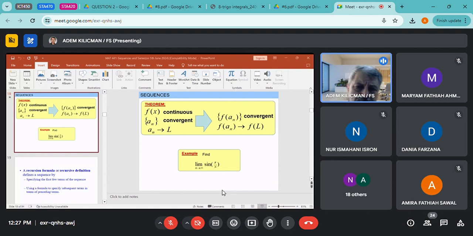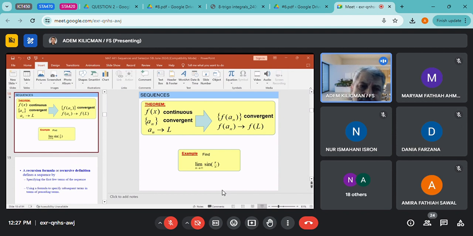In other words, we specify the first few terms of the sequence, and use a formula to specify the subsequent terms in terms of the preceding terms, meaning that we use the previous terms to generate the coming terms.